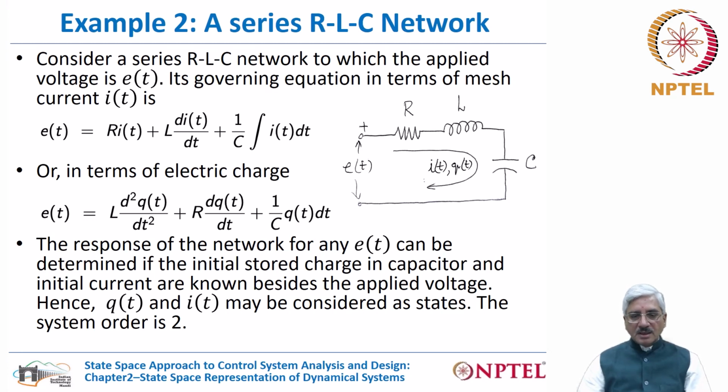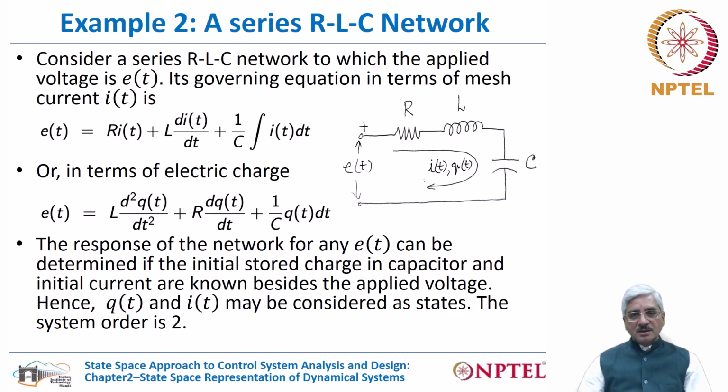So in the case of this series RLC network, the two quantities we should know to be able to solve, given e(t) for time t greater than t0, is the charge stored in the capacitor at initial time and the current flowing in the circuit at initial time.